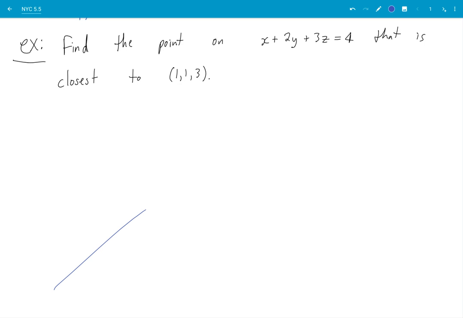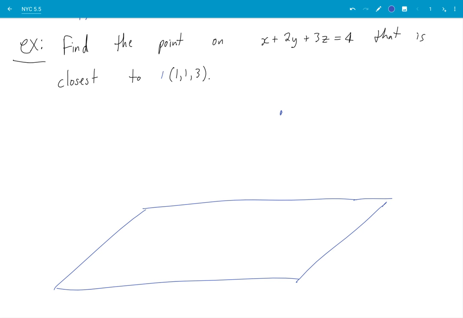I'm going to draw a picture and think of this in terms of an intersection of a line and a plane. So let's call this point A. Let's just say A is here. Here's my plane. Now I'm looking for this point B that is closest.